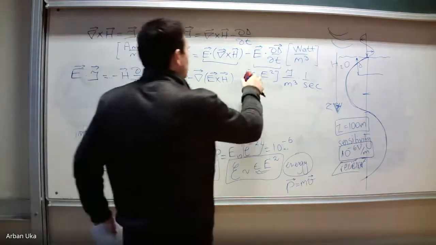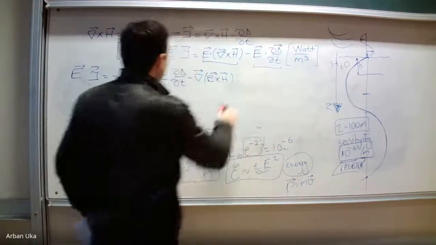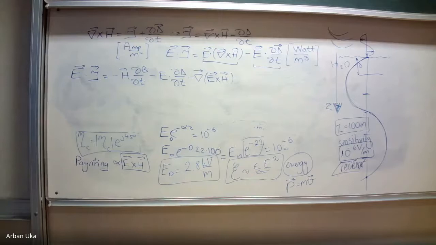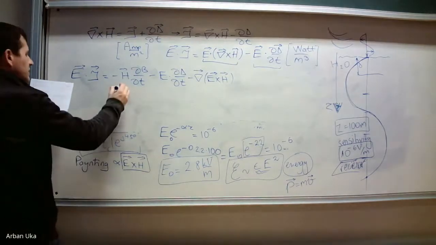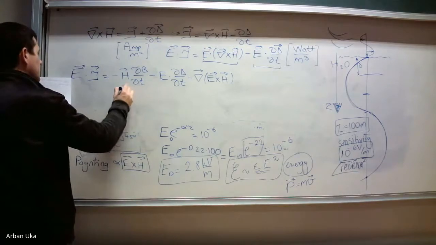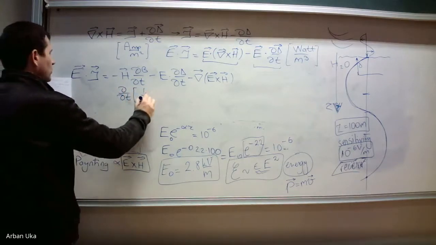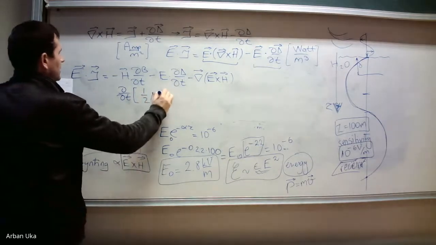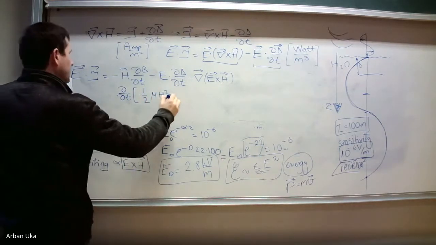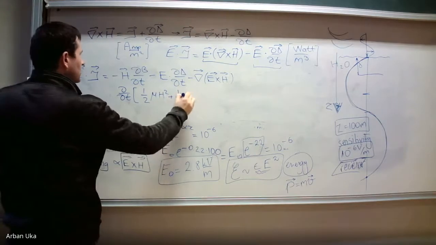I can erase this one for a moment because it might confuse us. And if we look at these terms, this term here is the time derivative of 1 over 2 mu H squared plus 1 over 2 epsilon E squared.